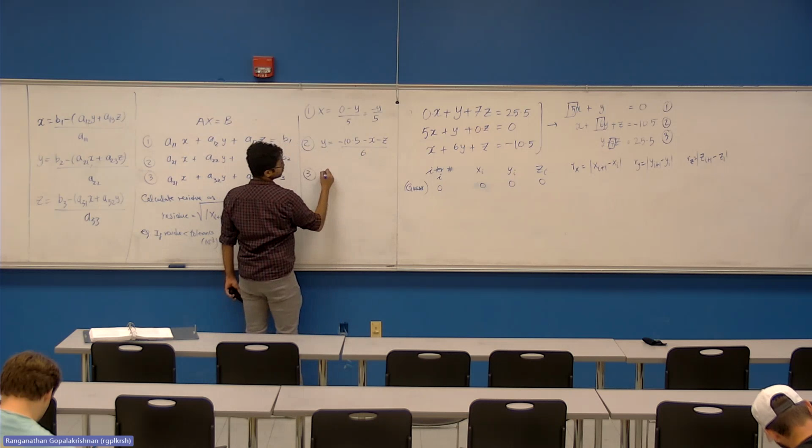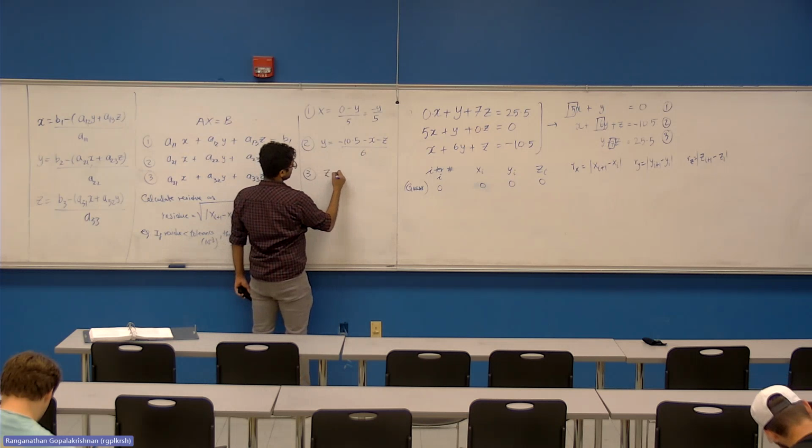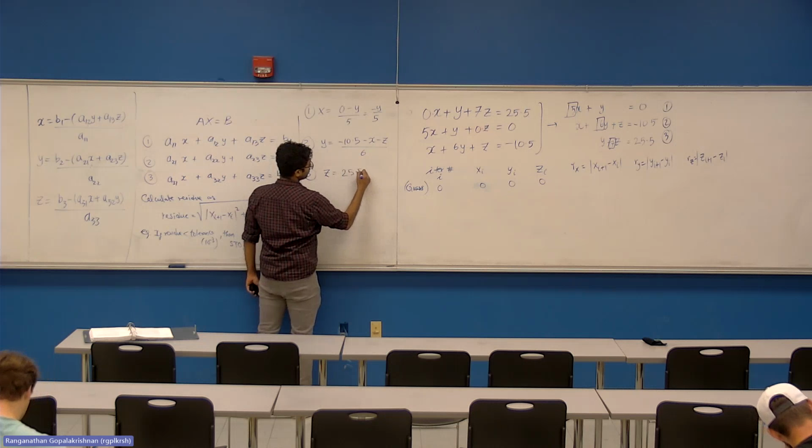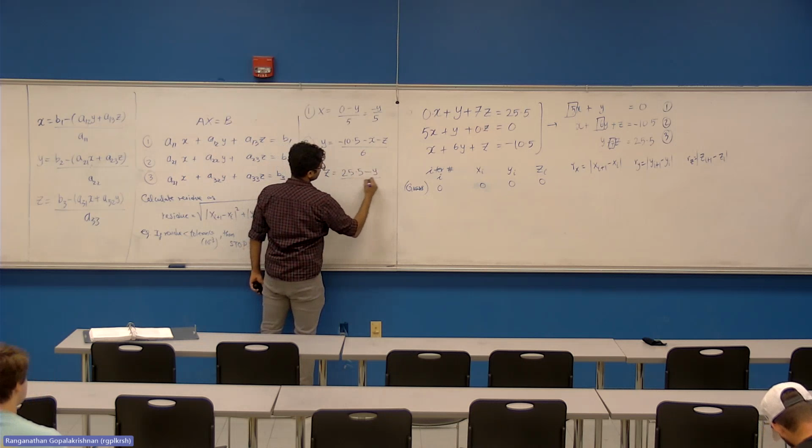And equation 3 gives you z equals 25.5 minus y divided by 5.